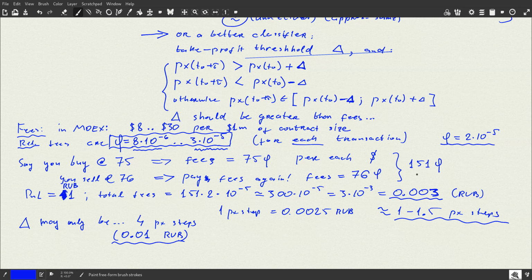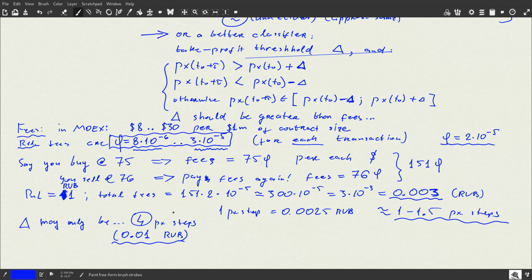then your P&L becomes already very much comparable with the fees. So your fees are, for example, 1 or 1.5 price steps, and that is taken from your profit of 4 price steps you earned.